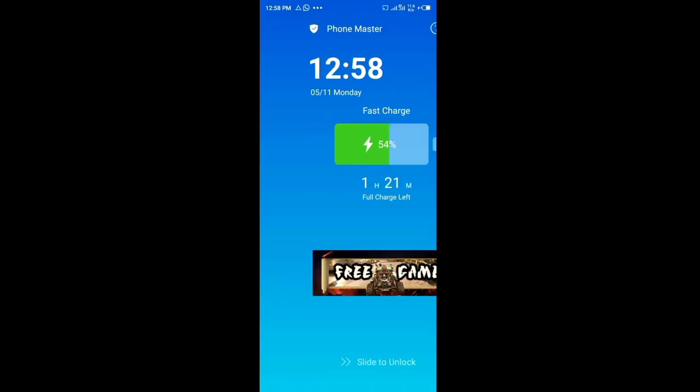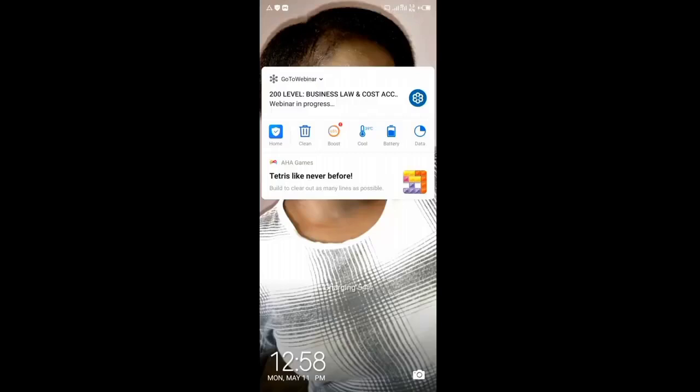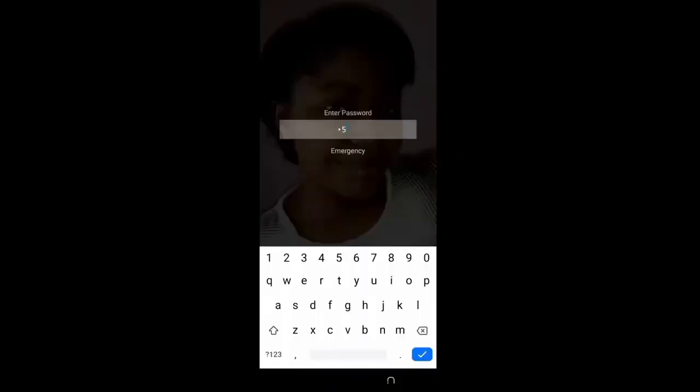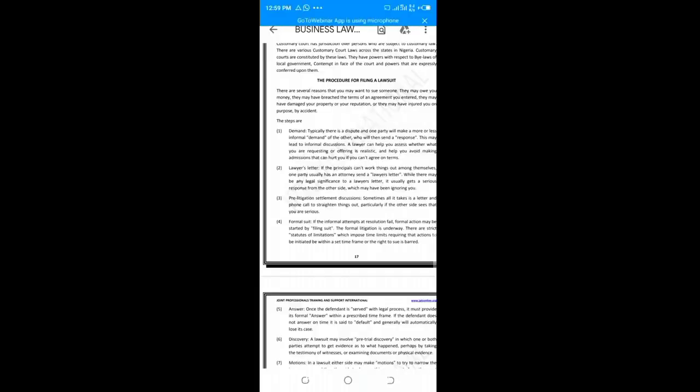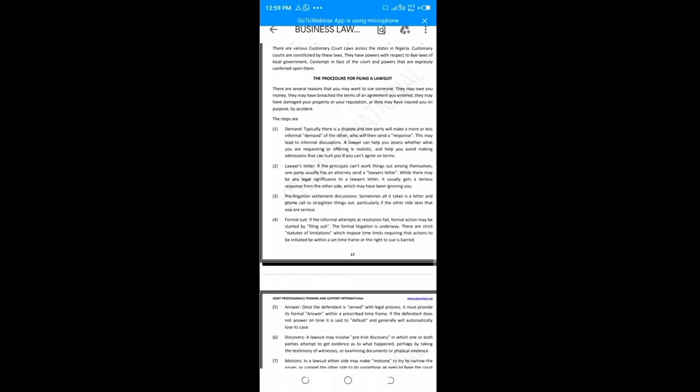So the first party or the second party might decide to send his lawyer to send a lawyer's letter to his opponent.